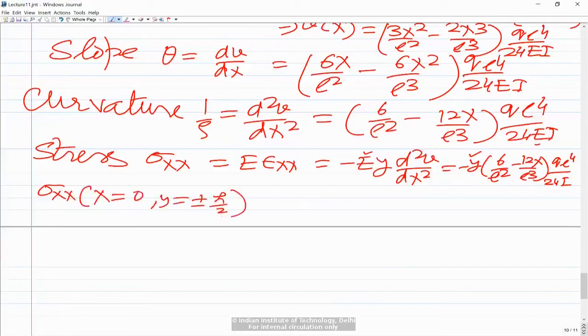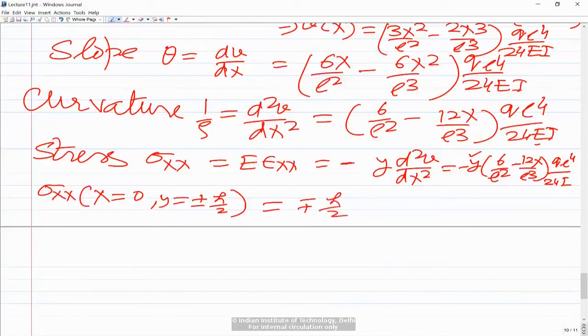Plus h by 2 would be the top of the beam and minus h by 2 would be the bottom of the beam. Because we have here minus into y, when we put y equal to plus minus h by 2, we will get minus plus.